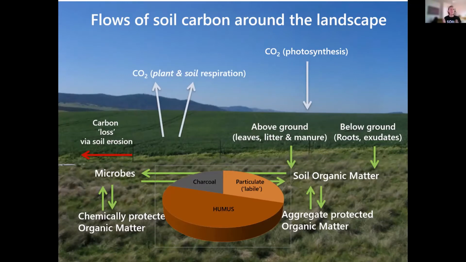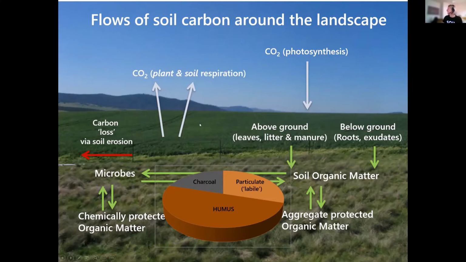An extreme case of this might be organic matter which ends up in New Zealand. Otherwise, it might just be more locally redistributed throughout the landscape. And the important thing to remember about that is it might go somewhere in the landscape where it's more prone to decomposition. So therefore, it might return to the atmosphere.